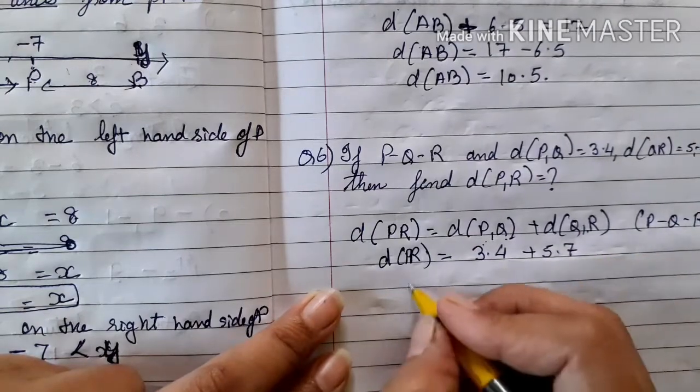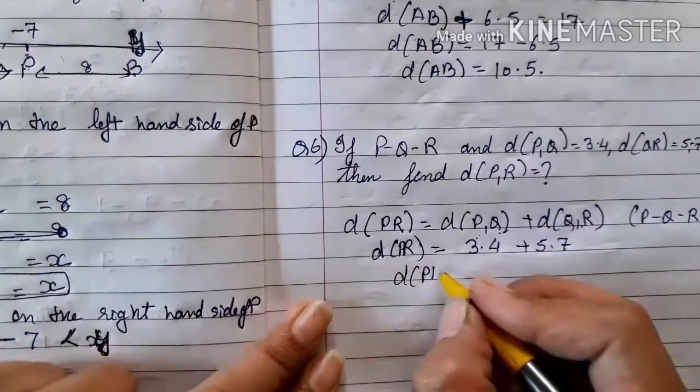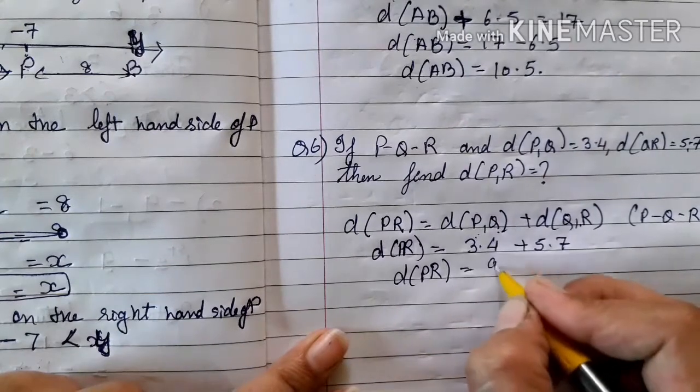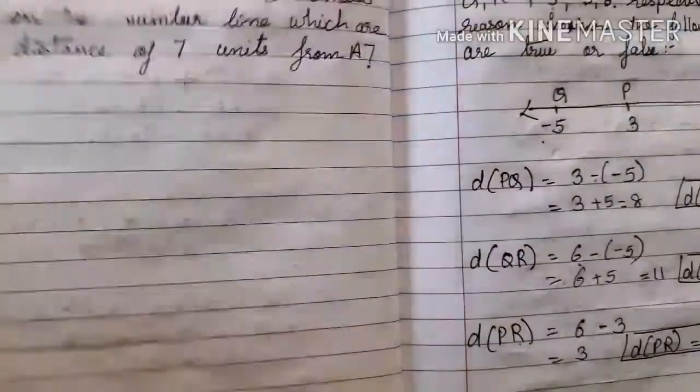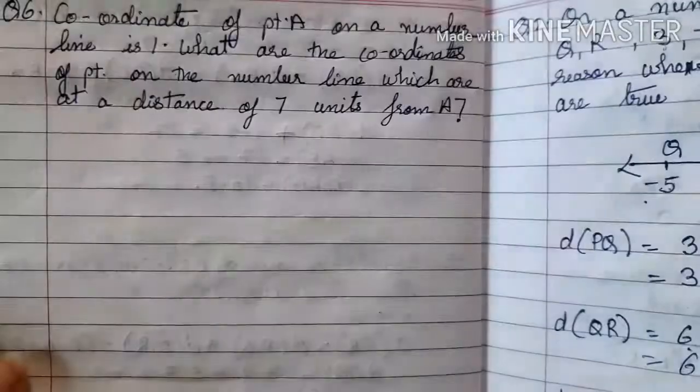When you add these two numbers, you will be getting PR, that is 9.1. Got it? Wasn't it easy? Now, moving towards the next question.